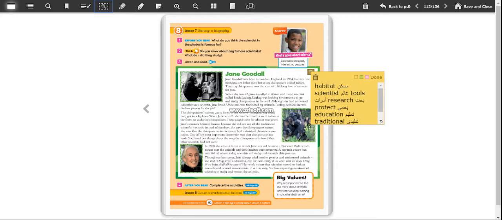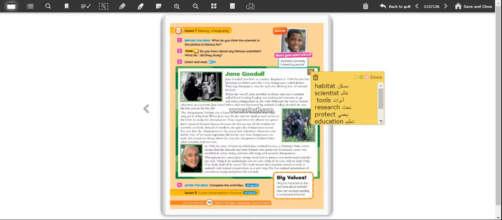Habitat. Habitat. Scientist. Scientist. Excellent. Tools. Tools. Yes, what does it mean? Excellent. Research. Research. Excellent. What does it mean? Protect.